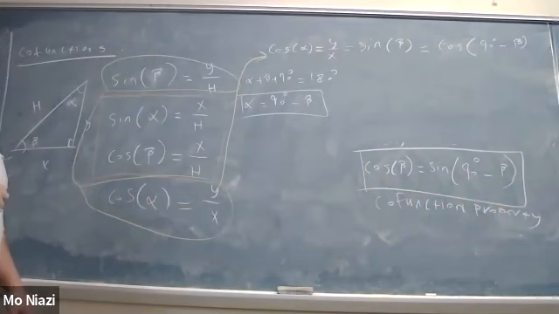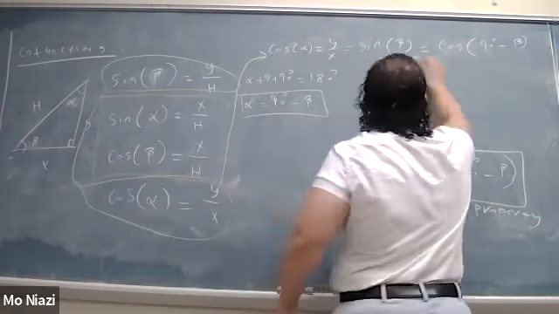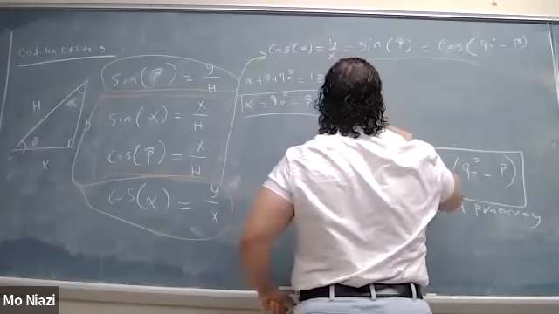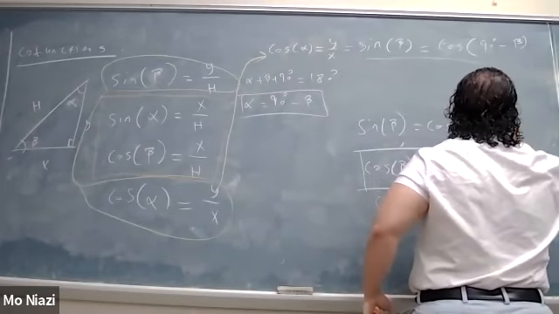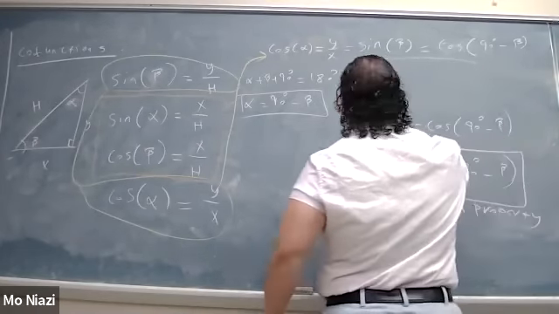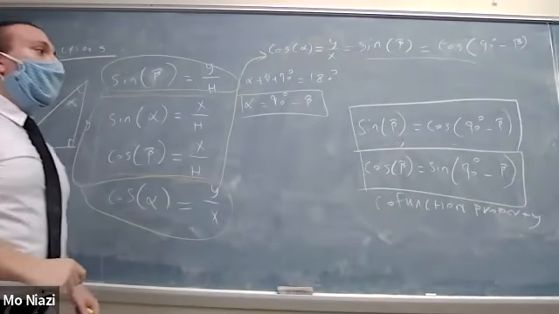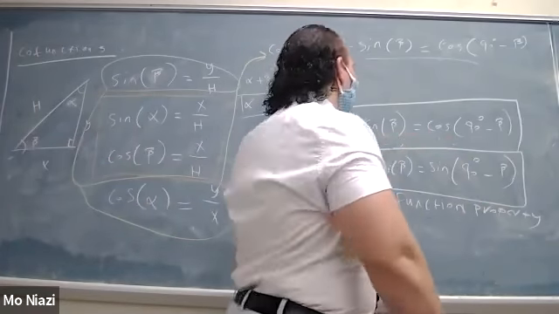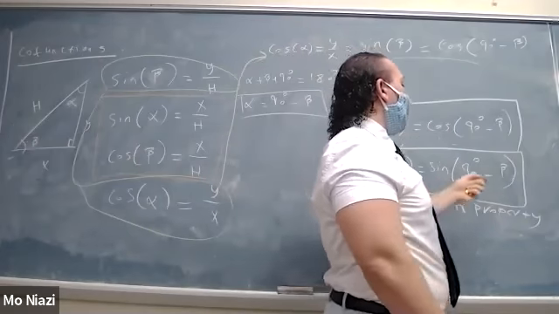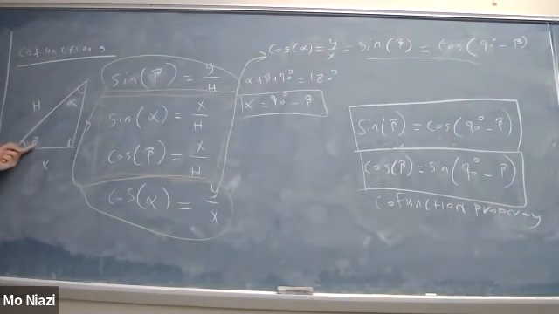And so we get our other cofunction identity. Here's the other cofunction identity. It's because sine has cofunction cosine, and cosine has cofunction sine. It's all just a consequence of changing your frame of reference of angle.